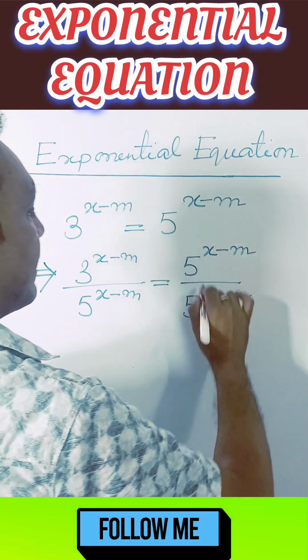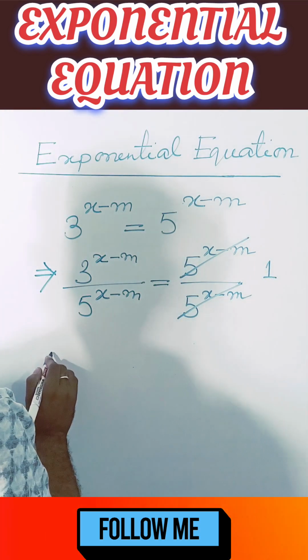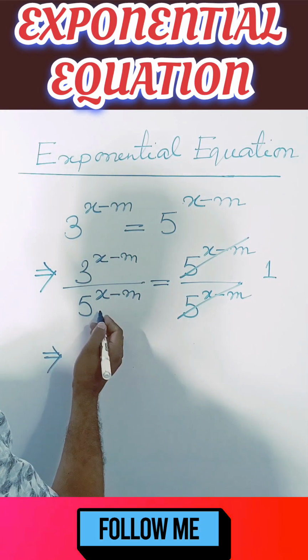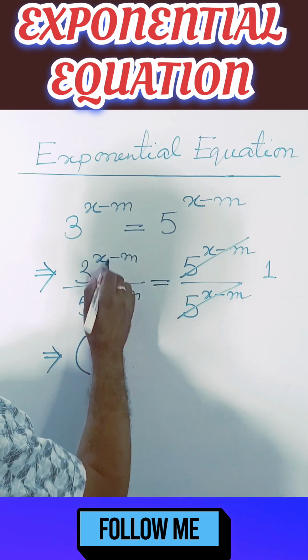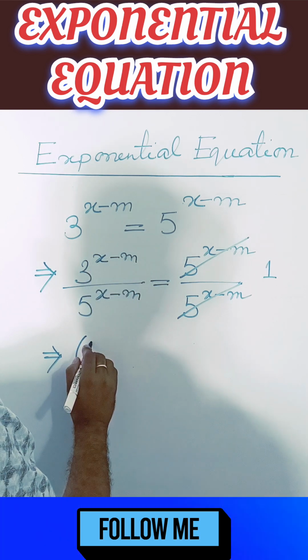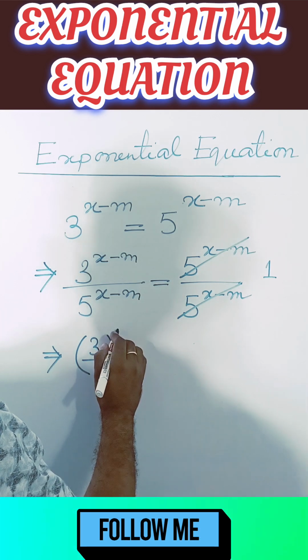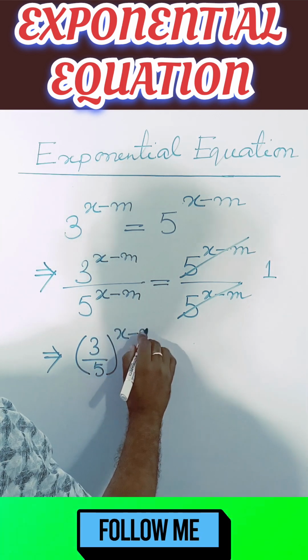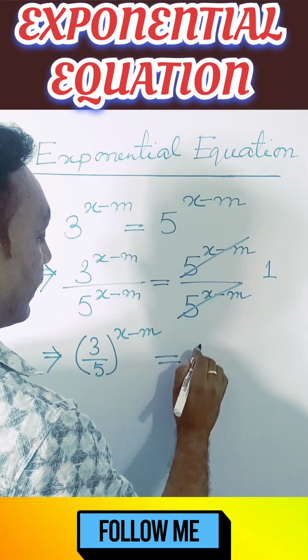Now these are the same thing, so they will cancel with each other, and I'll get 1. If we apply the laws of exponents, because their exponents are the same, then we can write 3 over 5 raised to the power x minus m. We can write it from the laws of exponents. So here I'll get 1.